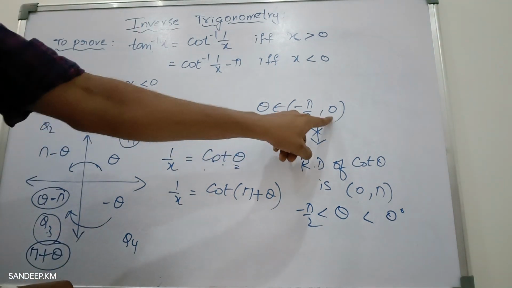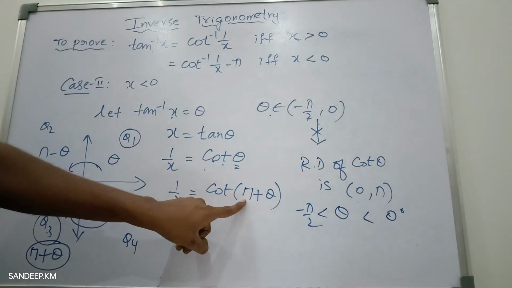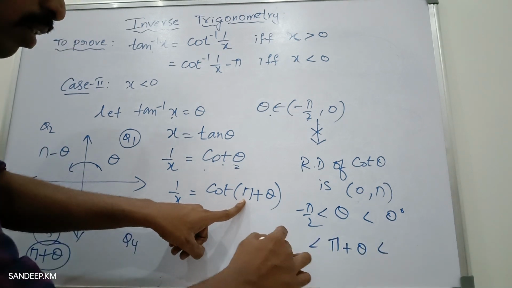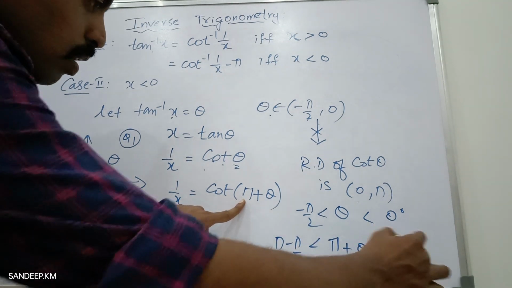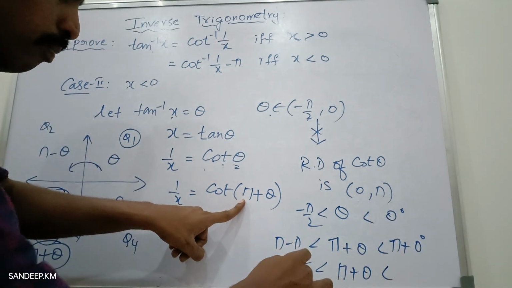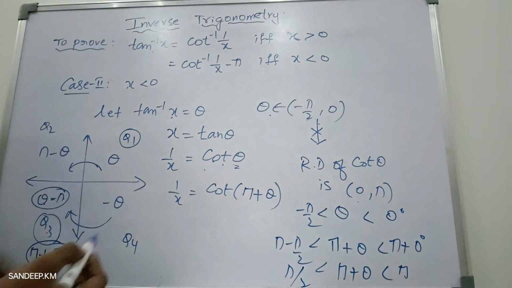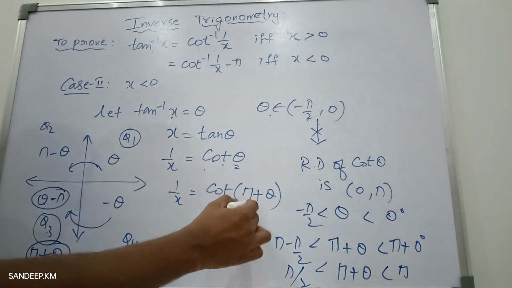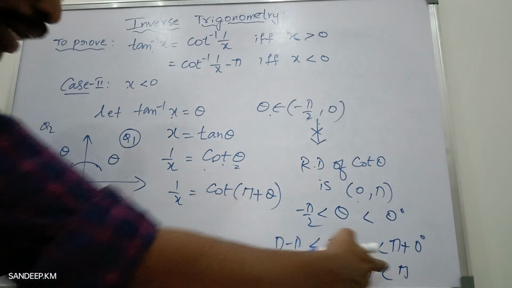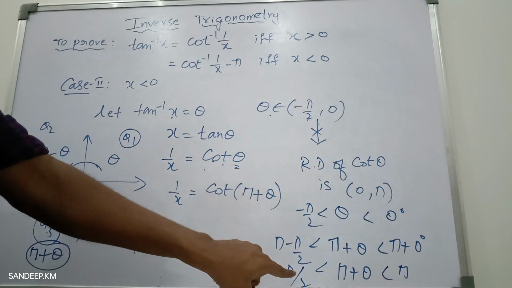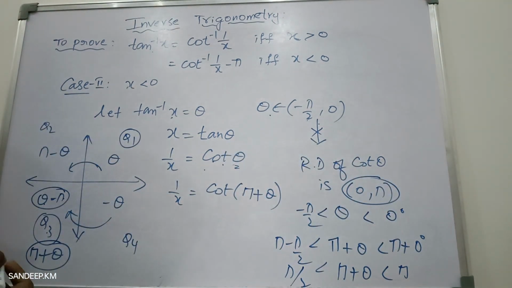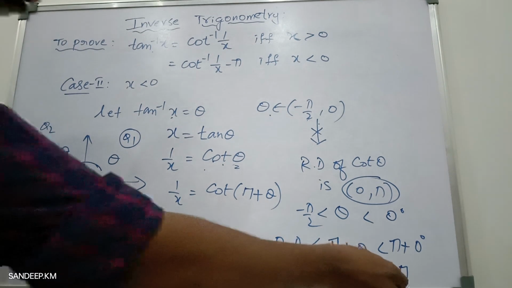Theta is between minus 90 and 0. Then pi plus theta means simply adding pi. Pi plus theta is between pi by 2 and pi, that is, between 90 and 180.